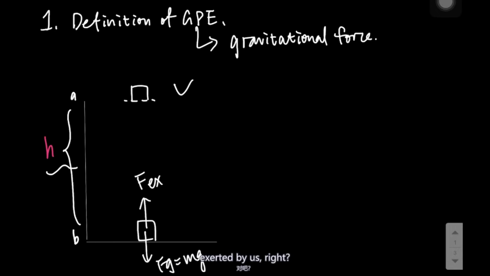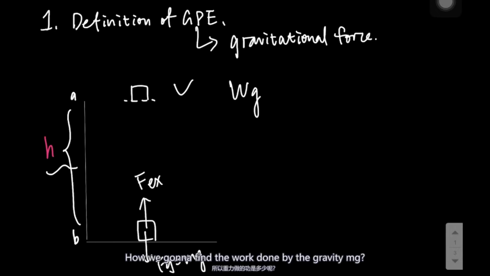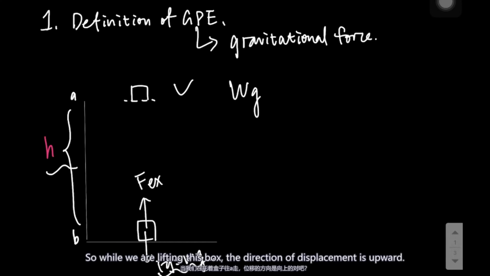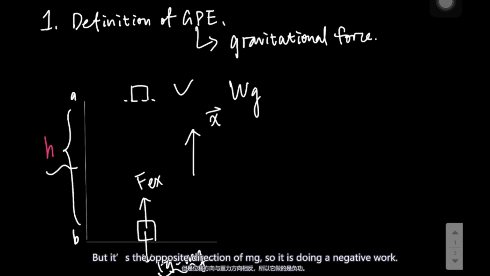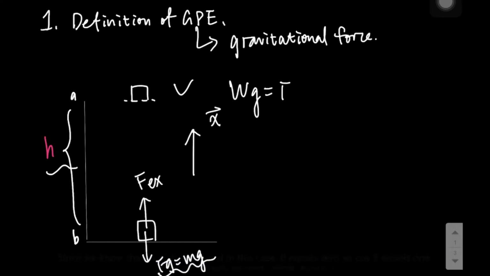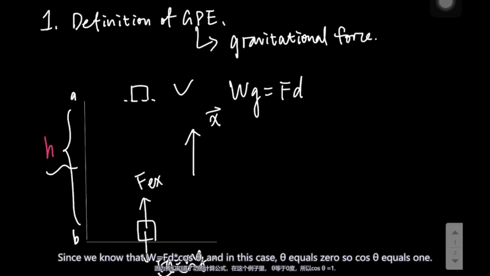Okay? So how are we going to find the work done by the gravity, mg? While we are lifting this box, the direction of displacement is upward, right? But it's the opposite direction of Fg. So we are doing negative work. And since we know that work equals Fd multiplied by cosine theta, in this case theta equals 0, so it's 1.